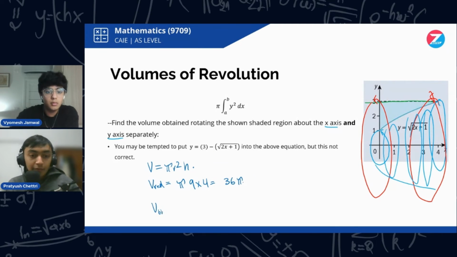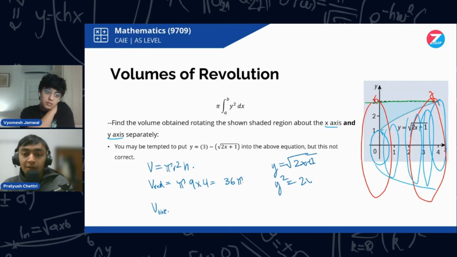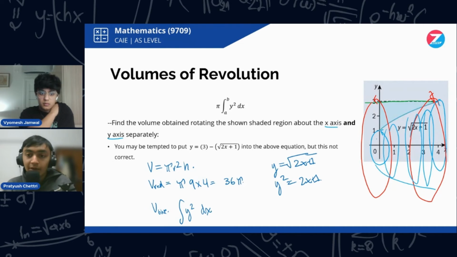Volume of blue. Here we have to integrate. So for blue, y is equal to the square root of 2x plus 1, right? So y squared is just 2x plus 1. So we integrate y squared with respect to dx between 0 and 4 times pi, same as saying 0 to 4, pi, y squared is 2x plus 1, dx.